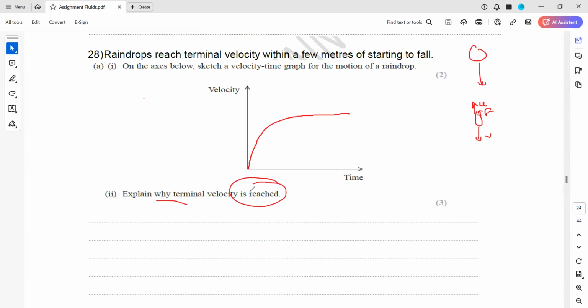Explain why terminal velocity is reached. So what are the points you will refer to here for reaching a terminal velocity? Number one, there is no resultant force acting on this raindrop. So the resultant force is zero.